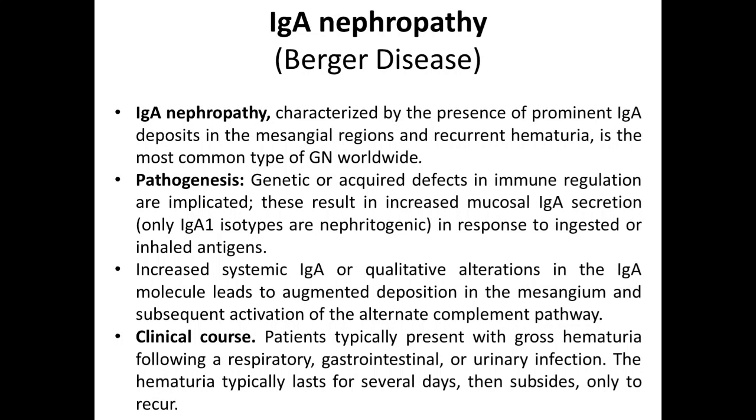These result in increased mucosal immunoglobulin A secretion in response to ingested or inhaled antigens, and increased systemic immunoglobulin A or qualitative alterations in the immunoglobulin A molecules lead to augmented deposition in the mesangium and subsequent activation of the alternate complement pathway.